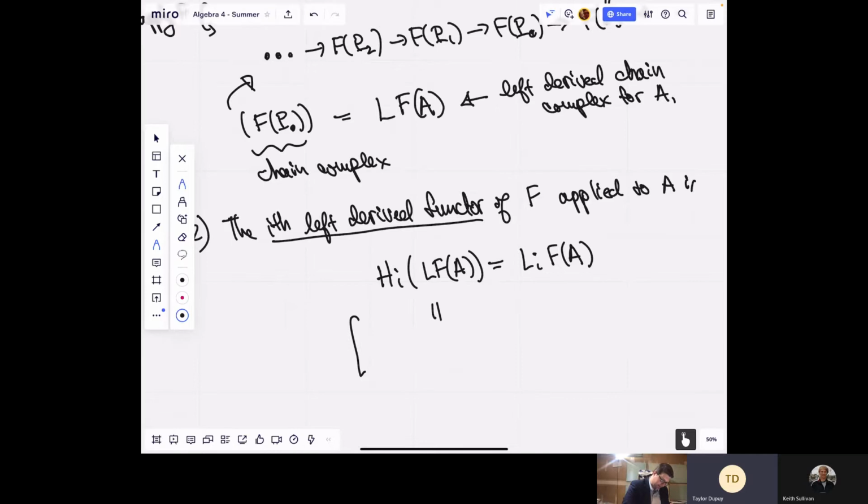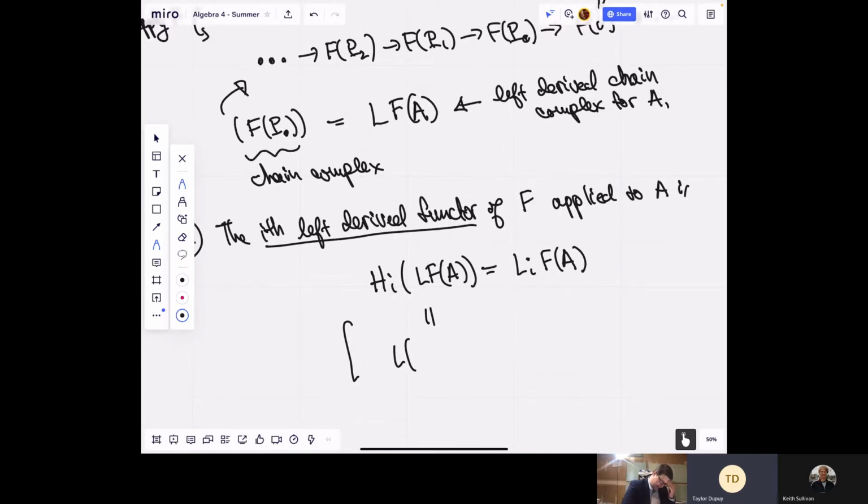What you're actually computing is H_i of F of P bullet. So this is a notation for this.